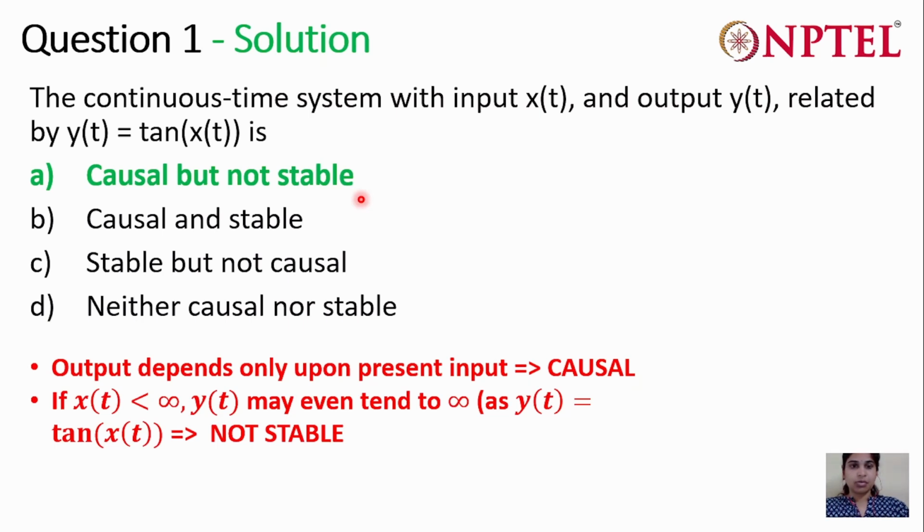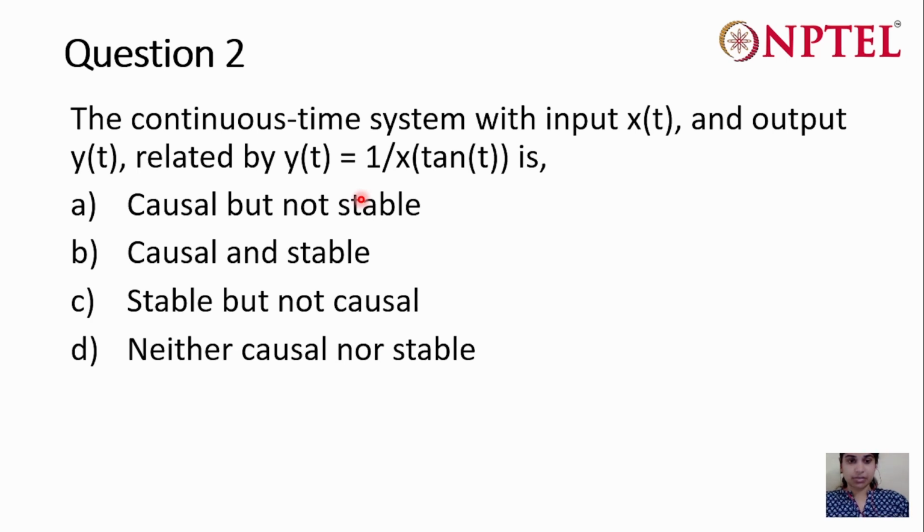Okay. Moving on to the second question. The continuous time system with input x of t and output y of t is related by y of t is equal to 1 divided by x of tan of t. Now, what kind of a system is this?